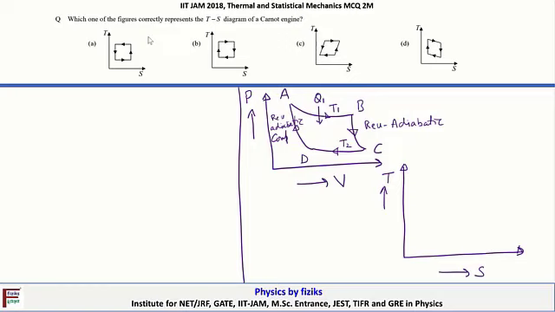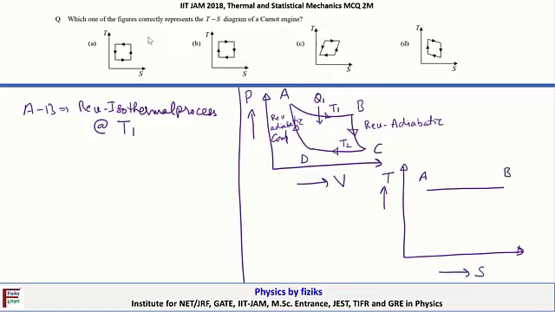We will start from the process A to B. As I said earlier, process A to B is a reversible isothermal process, and it takes place at a fixed temperature T1. So if I want to draw this process A to B on a TS diagram, it will be like this. The starting point is A and the end point is B, and it's taking place at constant temperature.